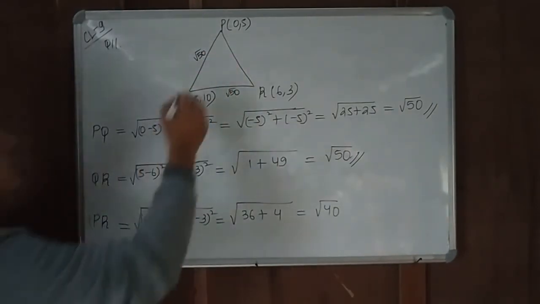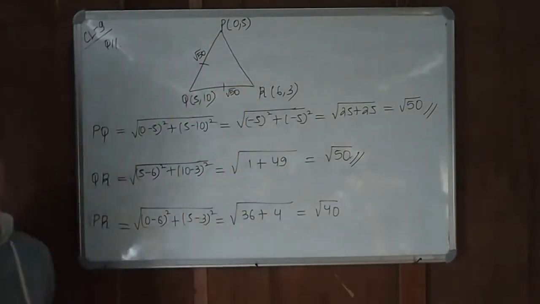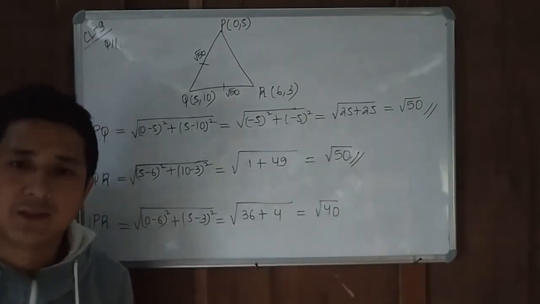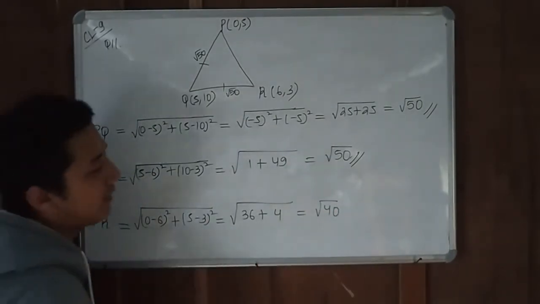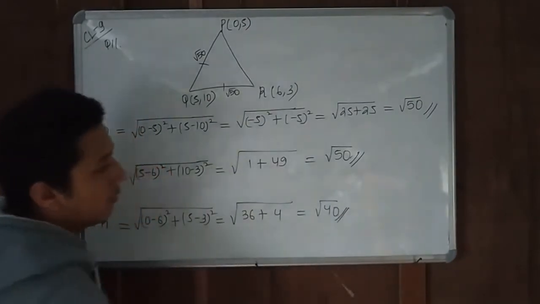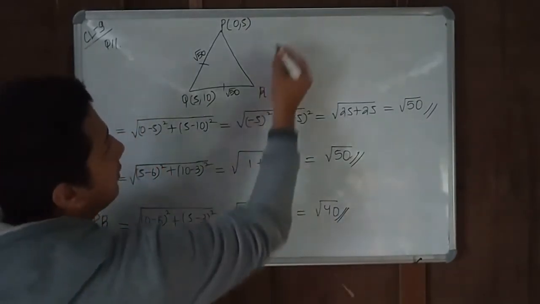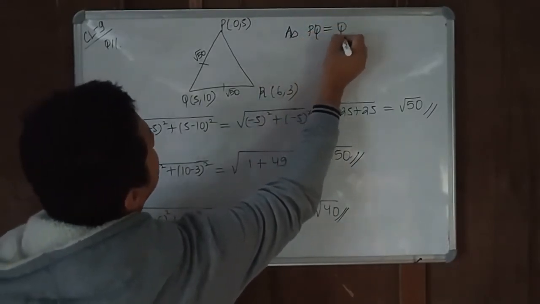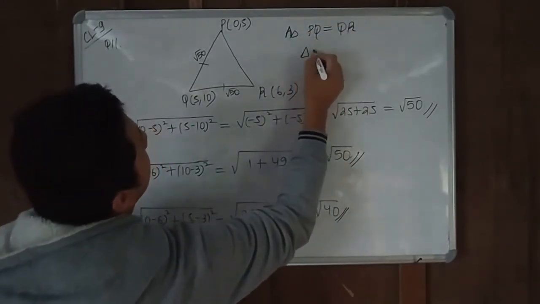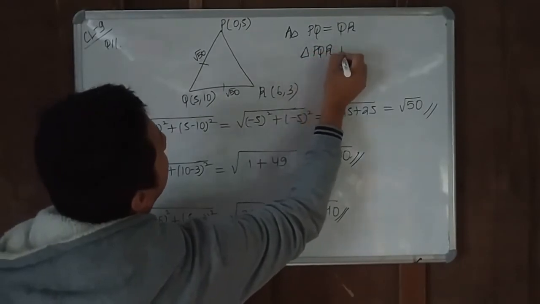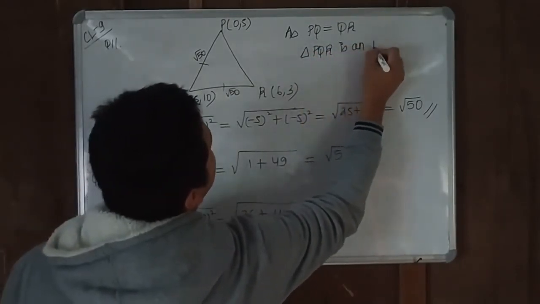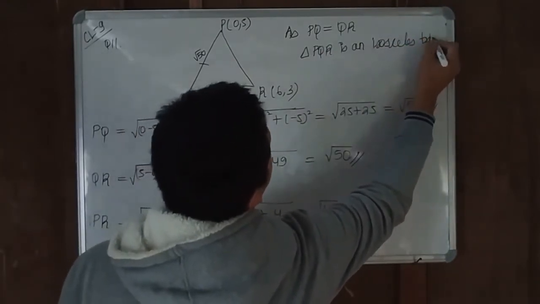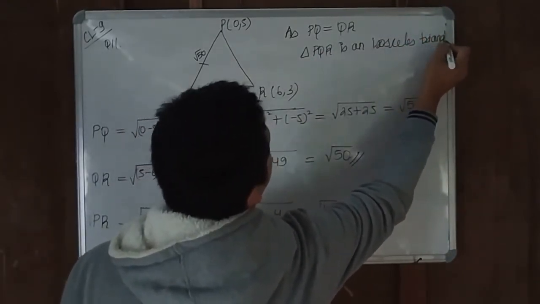We can clearly see these two sides are equal, and whenever two sides in a triangle are equal, it becomes an isosceles triangle. The third one, you also find it out, you will get root over 40. So how to express your answer? You can write: as PQ is equal to QR, triangle PQR is an isosceles triangle.